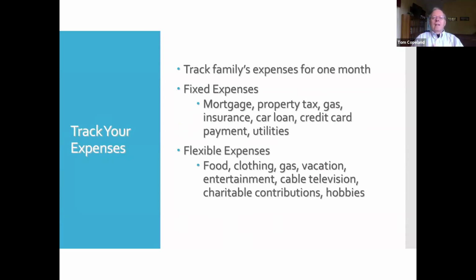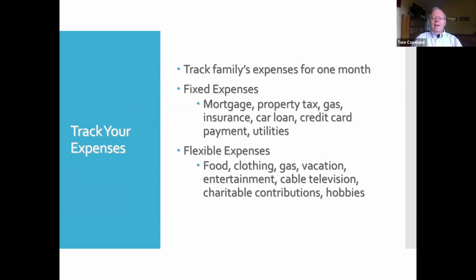The exercise that I would urge you to follow is to track your family's expenses for at least a month and put them into these two categories of a fixed expense or a flexible expense. Fixed expenses are those things you don't have any control over.